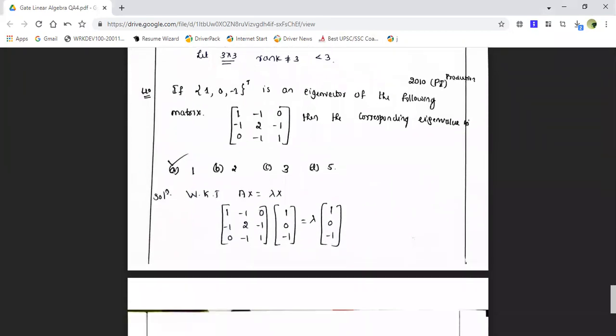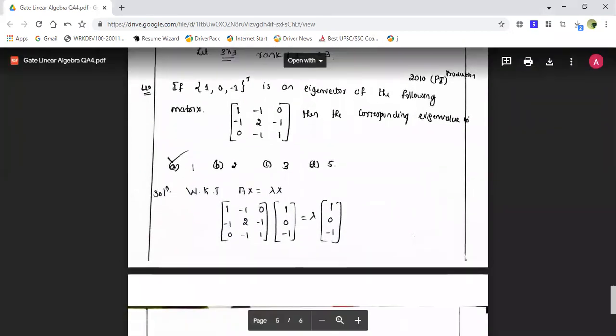Let me take the next example. So here is the last example of today. If (1, 0, minus 1) transpose, which is simply the column 1, 0, minus 1, is an eigenvector of the following matrix, then we have to find the corresponding eigenvalue.